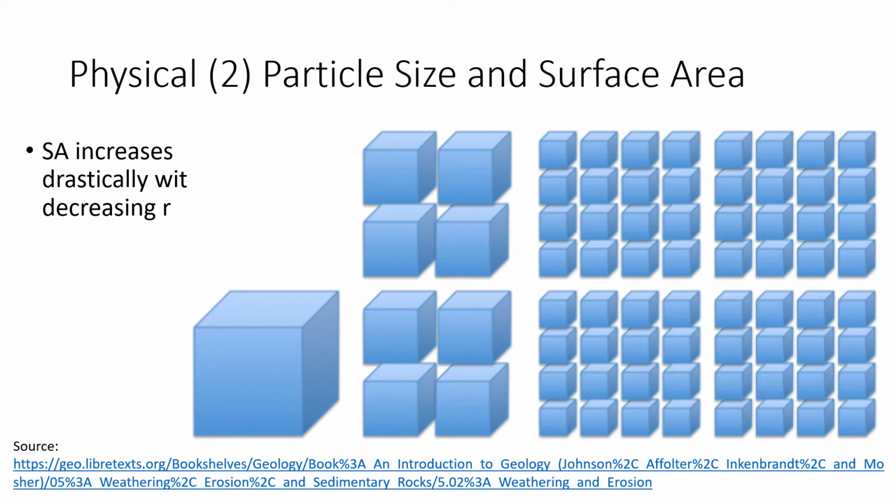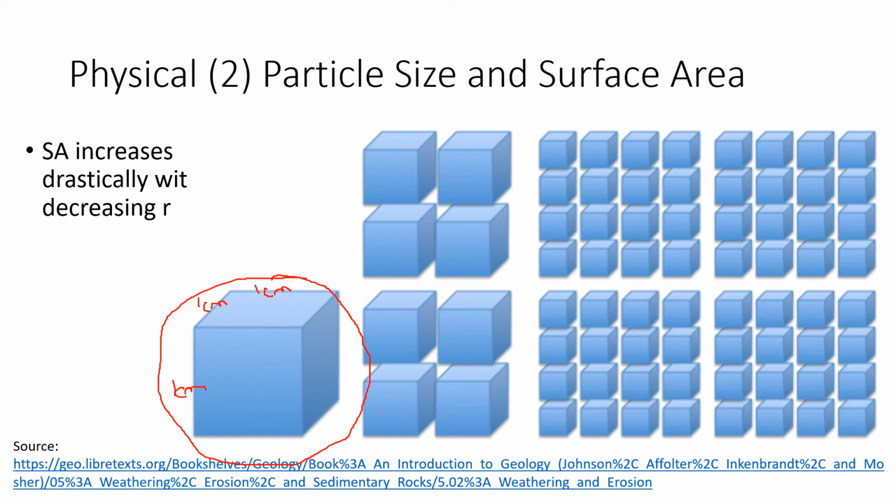3 different scenarios. So in this scenario right here, so just the big cube, all right? So let's say it is 1 centimeter by 1 centimeter, and then also 1 centimeter high. Okay, so if you find the volume, 1 centimeter times 1 centimeter times 1 centimeter, you get 1 cubic centimeter.